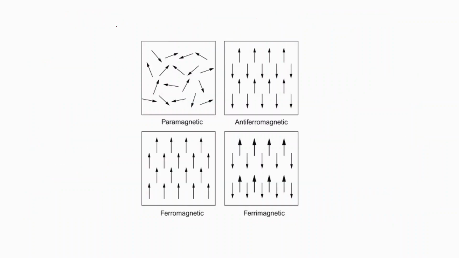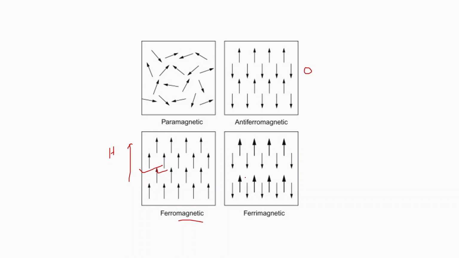For your understanding, these are paramagnetic materials. See, magnetic dipoles are randomly oriented. Ferromagnetic: all the magnetic moments are aligned along the direction of the magnetic field, and therefore they have very huge magnetization and are strongly magnetic. Then comes antiferromagnetic: magnetic dipole moments are equal in magnitude but oppositely directed, so the net magnetization is 0.